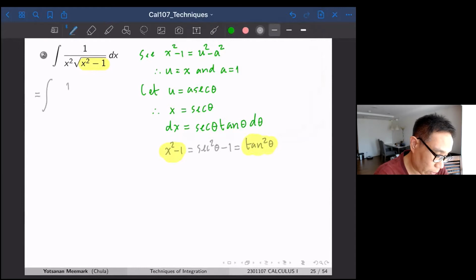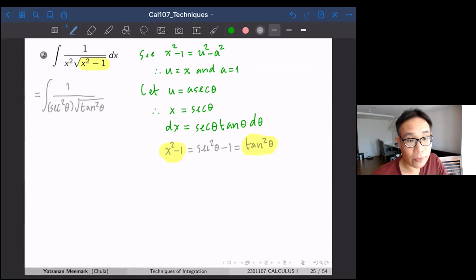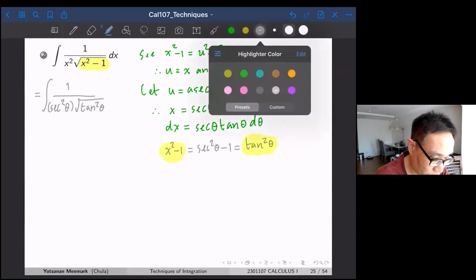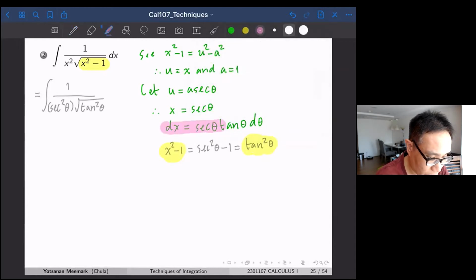You get 1 over x squared, which is sec squared theta, and the square root of x squared minus 1, which is the square root of tan squared theta. For dx, like I mentioned before, it's sec theta tan theta d theta.